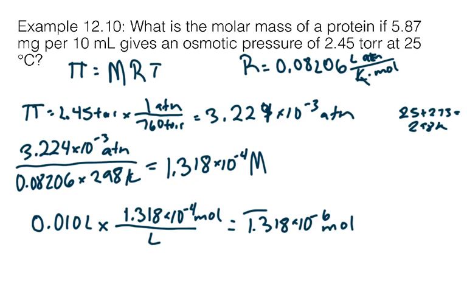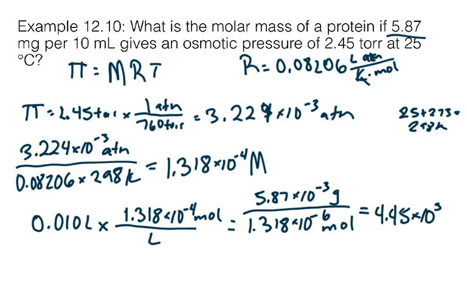And then from my question up here, I have 5.87 milligrams, so that's 5.87 times 10 to the minus 3 grams in that many moles. And if I do that math, I get 4.45 times 10 to the third grams per mole.